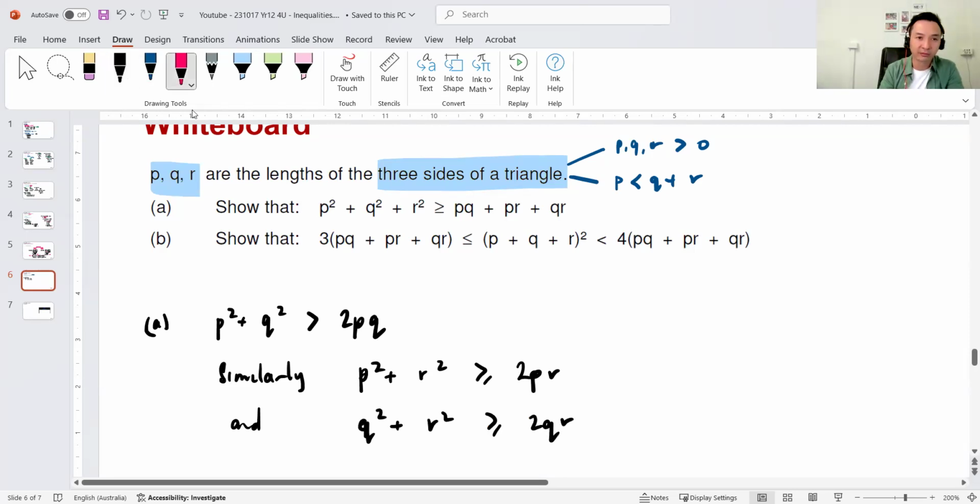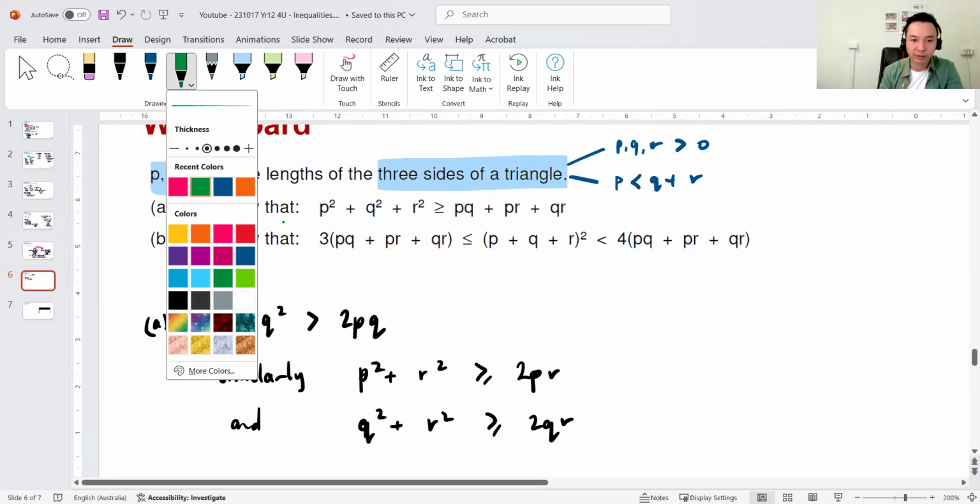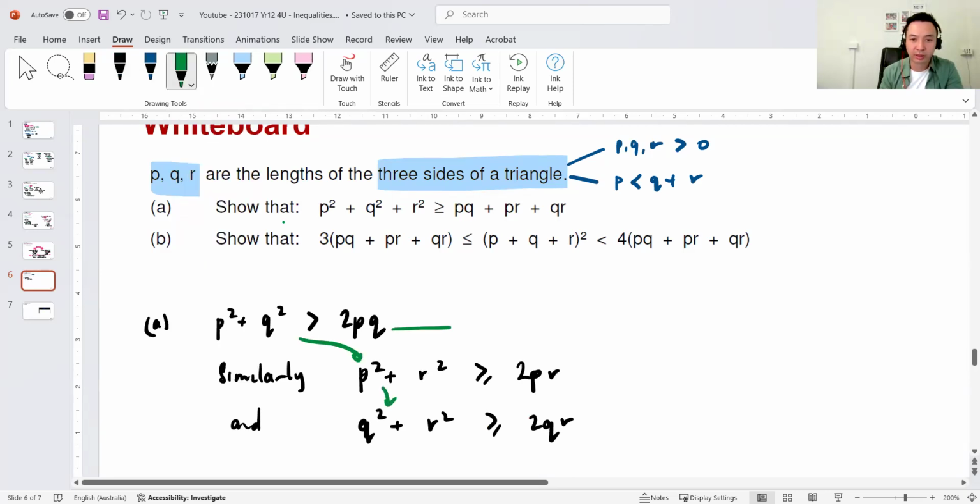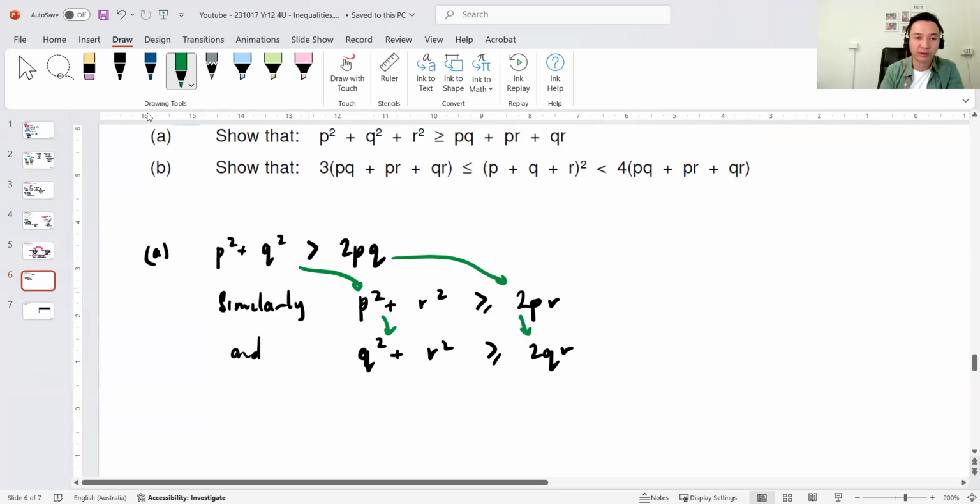And then you add. So add, and on the left, you get 2 of each.